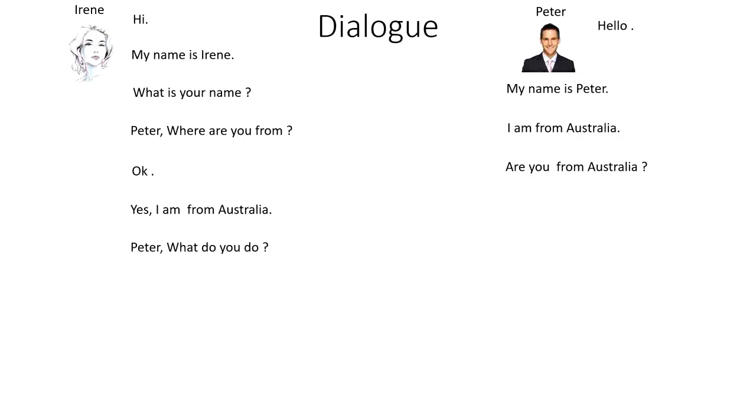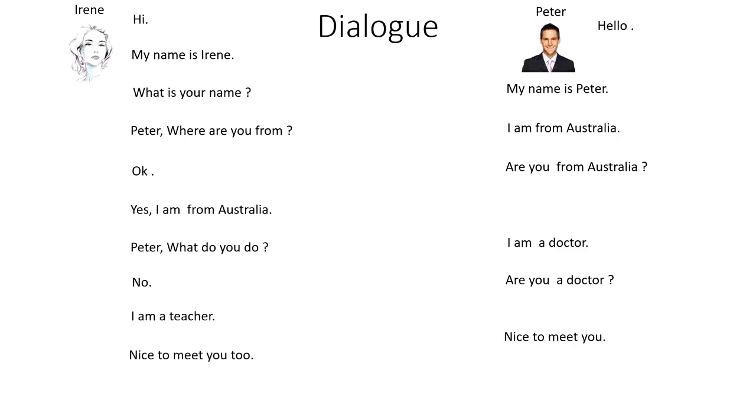Peter, what do you do? I am a doctor. Are you a doctor? No, I am a teacher. Nice to meet you. Nice to meet you too. See you again. Bye. Bye.